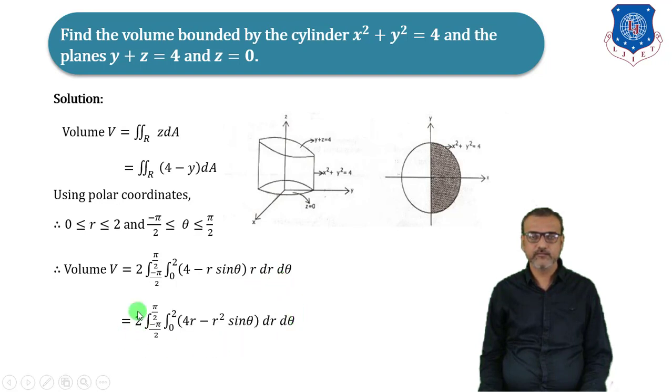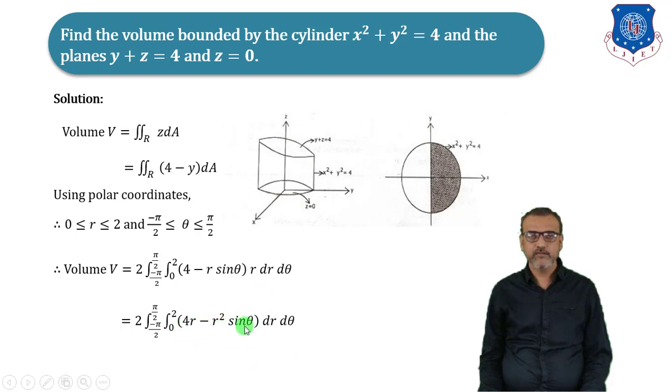Now this is equal to 2, integration from minus pi by 2 to plus pi by 2, integration from 0 to 2. Now multiplying this by r, we have 4r minus r into r, the result is r square, and sin theta will be as it is, dr d theta.